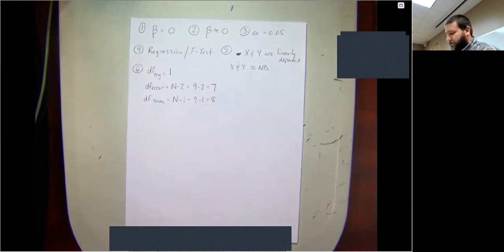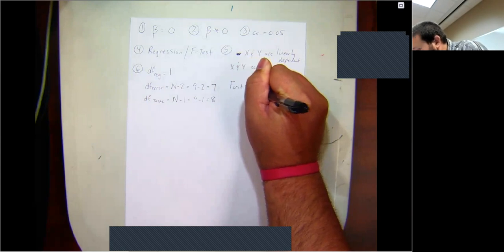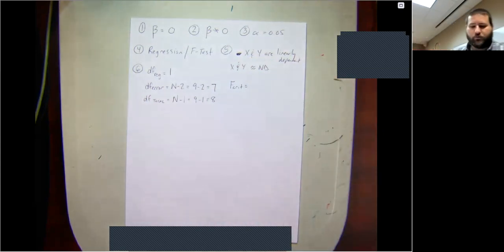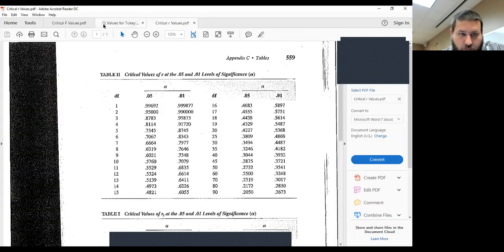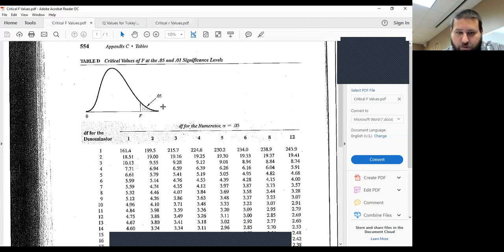Now, if we want to go find the F critical, then we need to go and use the F table in our book. So come to the F table, page, again, 554 in the textbook. And now you see degrees of freedom for numerator, degrees of freedom for denominator.